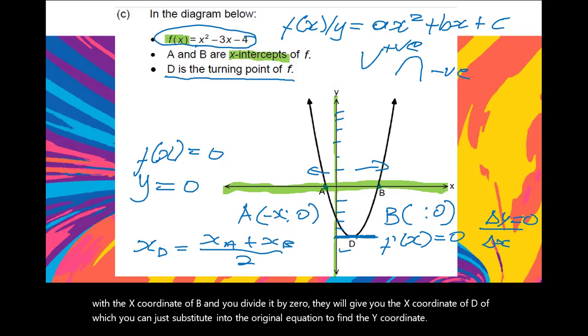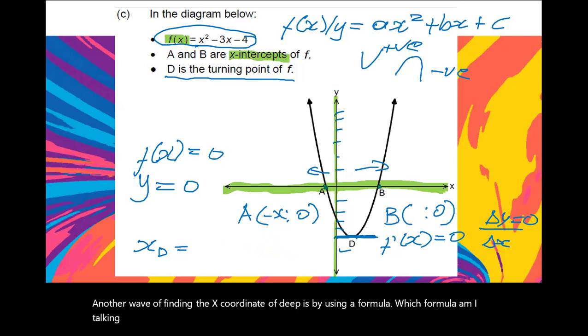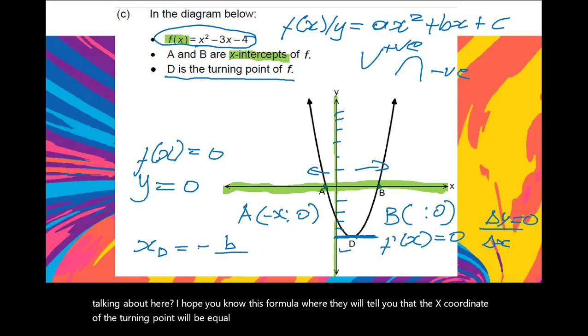Another way of finding the x-coordinate of D is by using a formula. Which formula am I talking about here? I hope you know this formula, where they will tell you that the x-coordinate of the turning point will be equal to minus b divided by 2a.